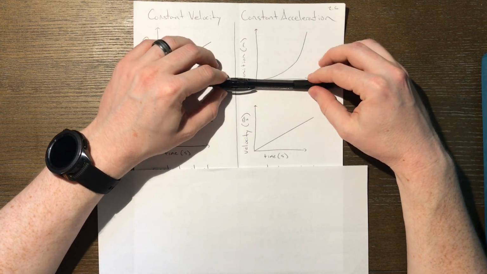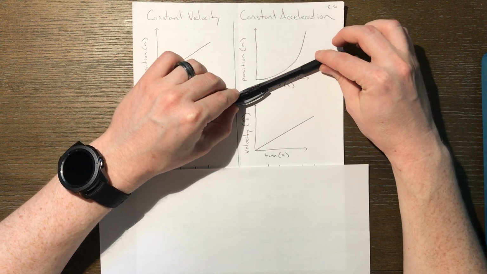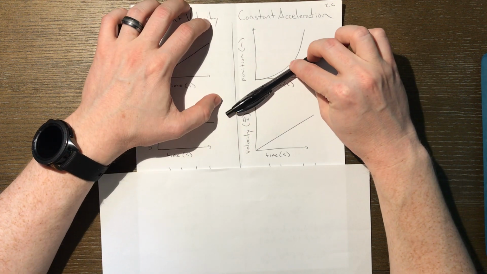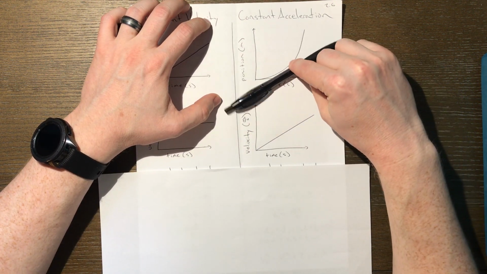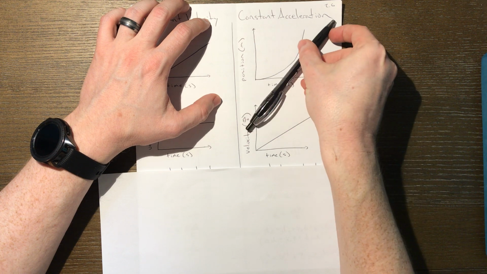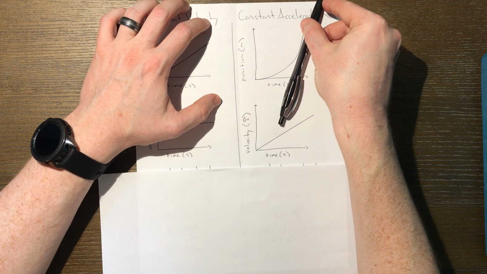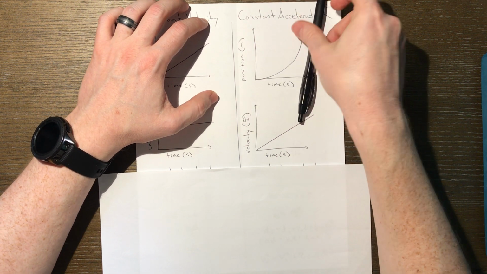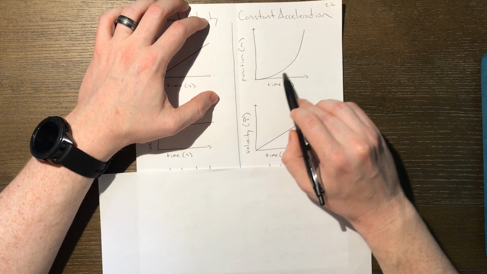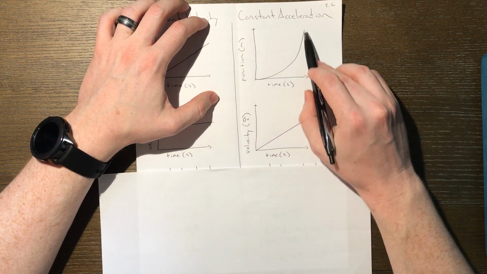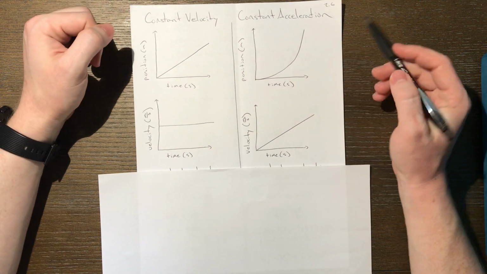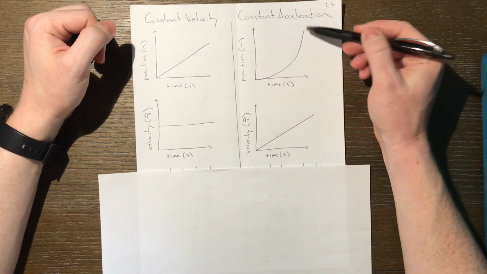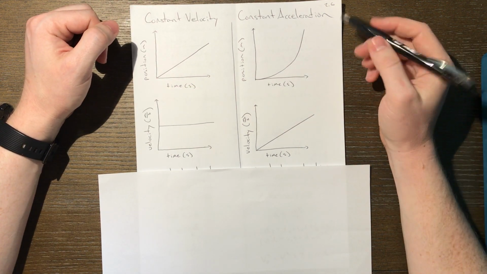So it might start off low, but as time goes on, that slope, which can be found by drawing a tangent line, a line that just barely touches the graph, we can see that the slope goes up and up and up, forming a sort of curve. We'll find out when we look at this in a little more detail that that's actually given by a parabola.